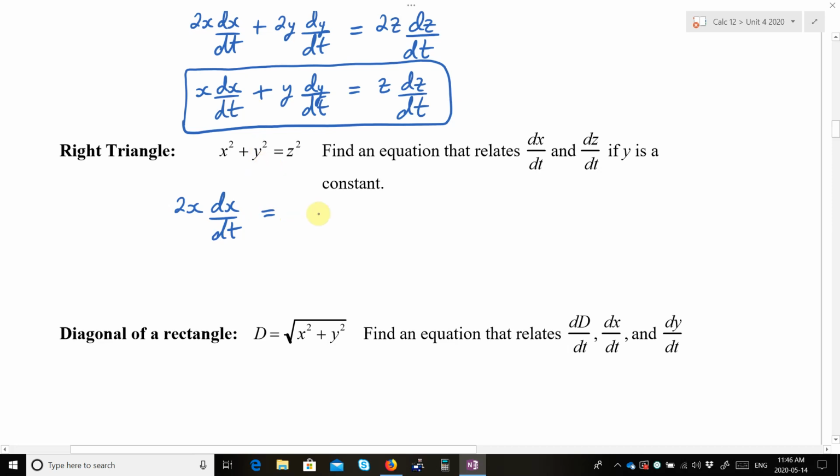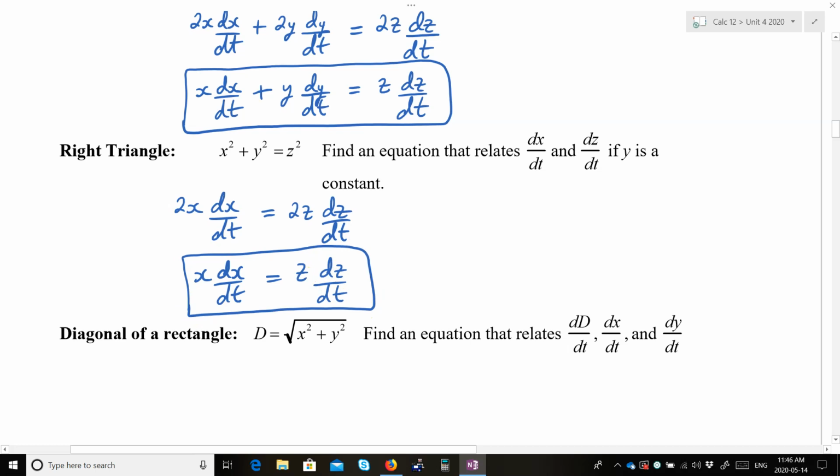So that one would just go away. And we would get then 2z dz/dt, and these both share a common factor of 2. Okay, and so we get x dx/dt equals z dz/dt.